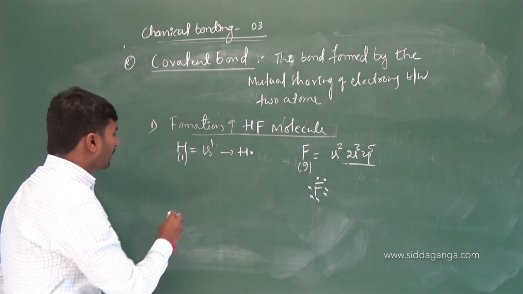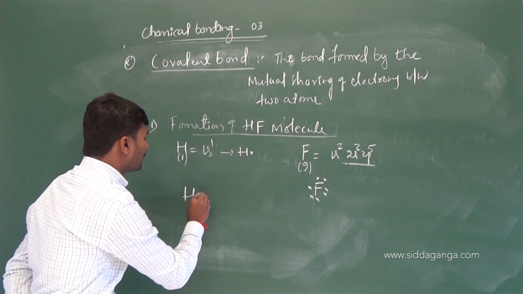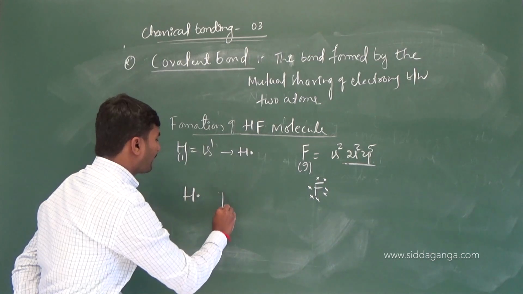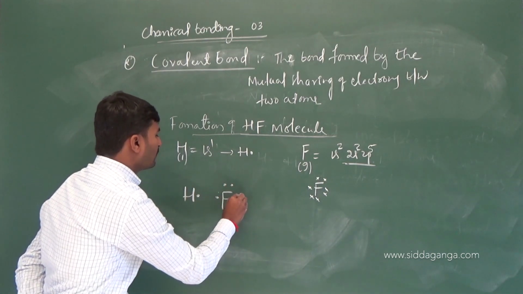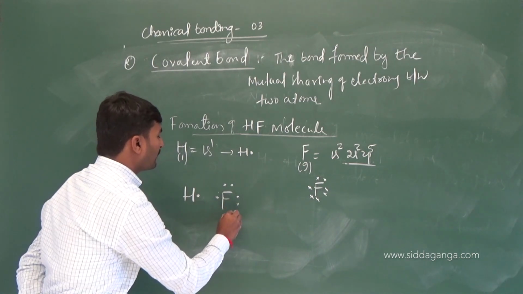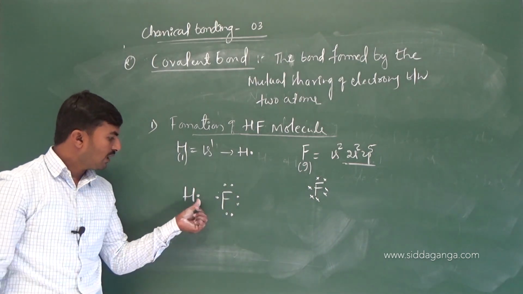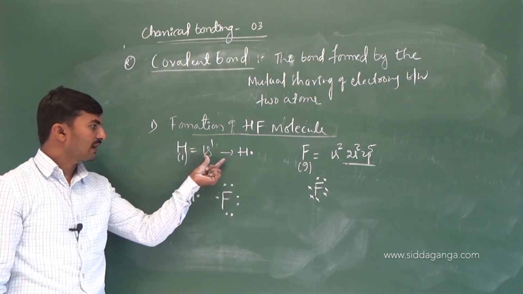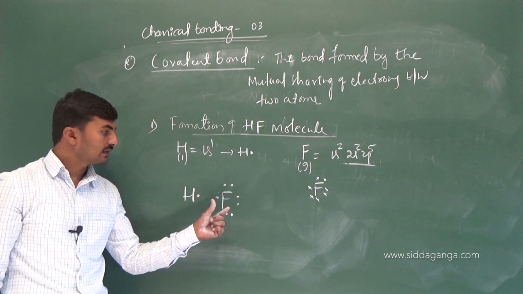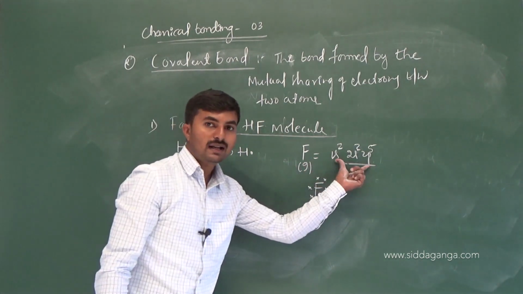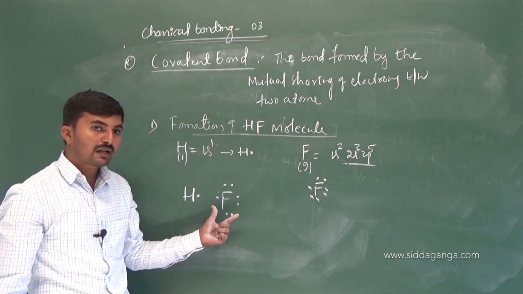Okay, then now we should consider like this: fluorine atom, 1, 2, 3, 4, 5, 6. This 1 dot represents hydrogen having only 1 electron, and these 7 dots represent that the fluorine atom in its valence shell has 7 electrons.